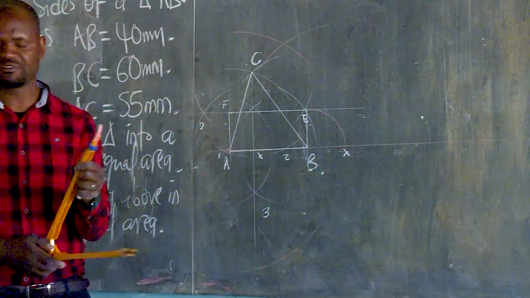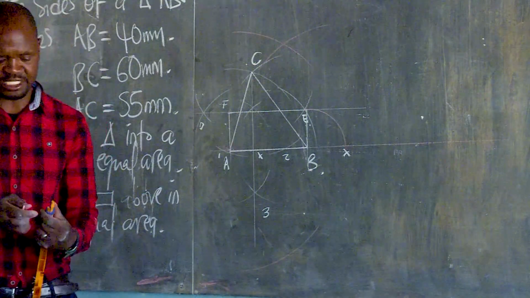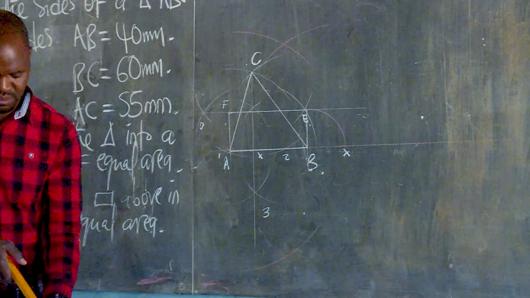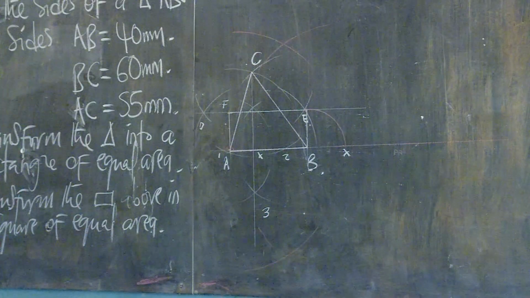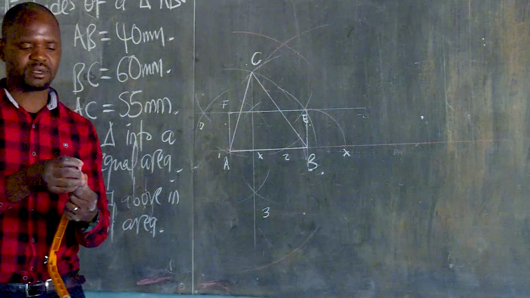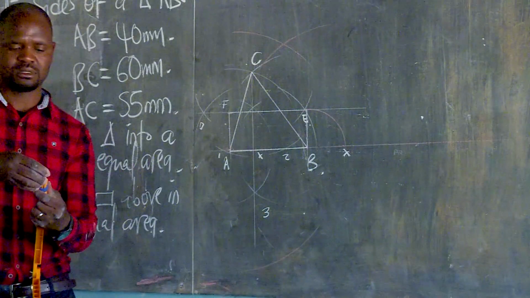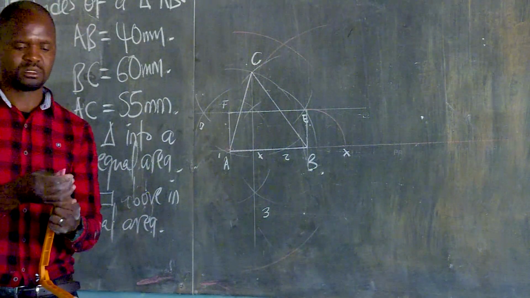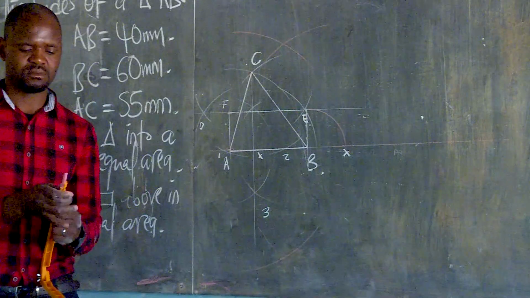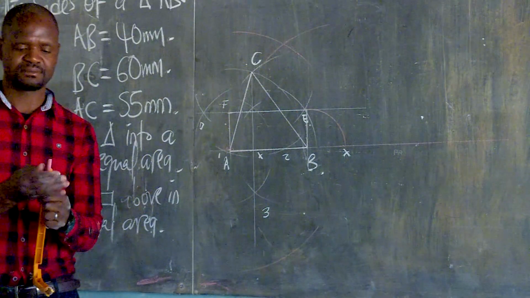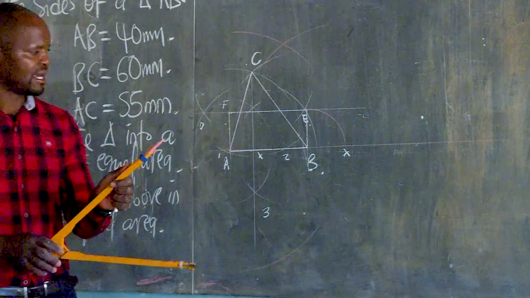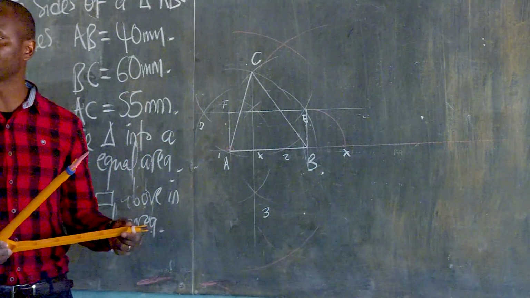Okay, my compass has moved and it's not supposed to move. Okay, I've changed my pencil. Like that. Okay, I need to check if my compass has moved or not.